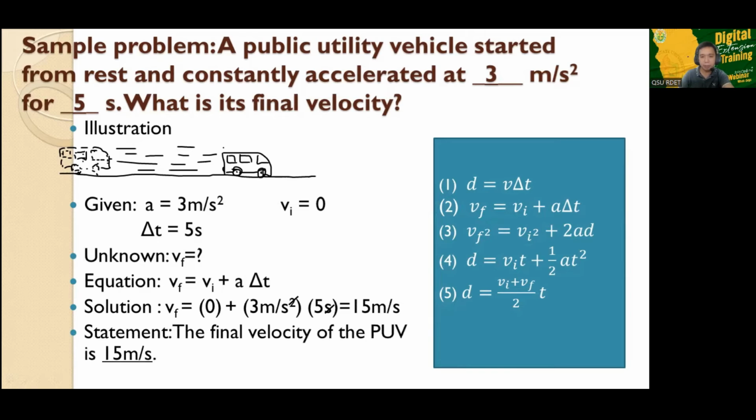And statement, the final velocity of the public utility vehicle is 15 meters per second. Does it make sense? Okay. 3 meter per second square, meaning to say it's accelerating 3 meters per second for over 5 seconds.